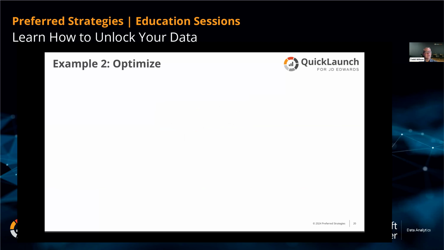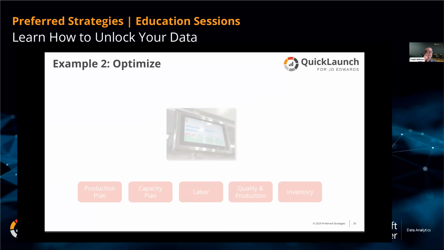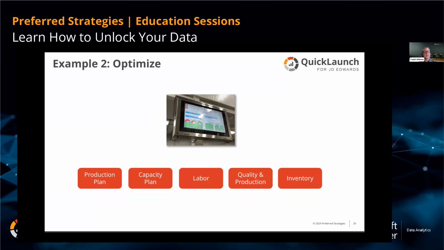The other area is around optimizing that. And when we think about optimizing that data, I'll focus in this case specifically on manufacturing, since we just saw an example of some of that process in manufacturing. But think about what that looks like if you have real-time or near real-time visibility to bring all those data areas together: your production planning, and how that translates into your capacity plan.